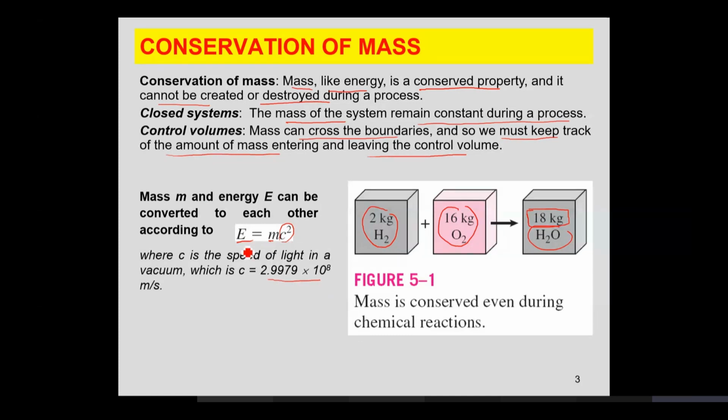This equation, where mass is converting into energy, is more often used with nuclear reactions, where the smallest change in mass could result in a tremendous amount of energy, since it is multiplied by the square of 3 into 10 raised to power 8. So if you have a square of this term, you know how big the value of energy could become for a small change in mass.